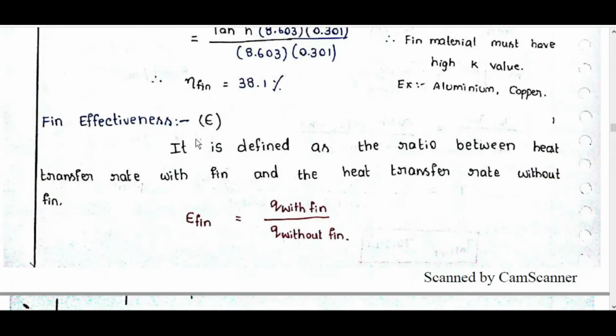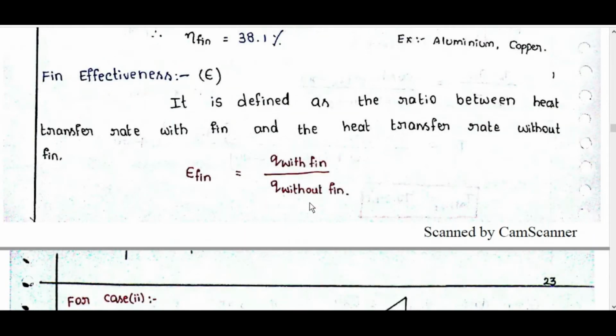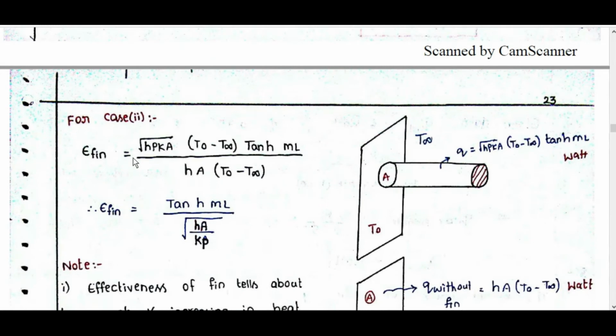Fin effectiveness epsilon is defined as the ratio between heat transfer rate with fin and heat transfer rate without fin. Epsilon fin is equal to Q with fin by Q without fin. For case 2, it is root(hPkA) into (T naught minus T infinity) into tanh mL, divided by, when the fin is not there, this area A is there, then hA(T naught minus T infinity), which is normal.